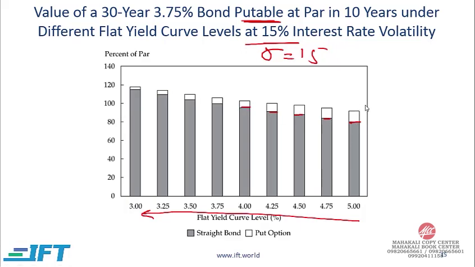However, if we consider the value of the put option, this is going to be high when interest rates are high, because the probability of the put option being useful or being exercised is more if we have high interest rates. As interest rates become lower and lower, the value of the put option becomes smaller because the put option is less likely to be exercised at low interest rates.